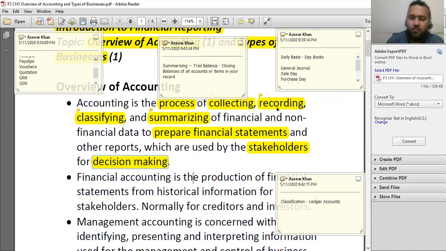Then you will move to chapter number 6 and learn about individual items, how to record the different individual items like inventory, non-current assets, and so on. Then you will study classification, how to prepare ledger accounts, then how to prepare the trial balance, and at the end how to prepare your financial statements, and then you will study the analysis. So this definition is covering the whole F3 paper.